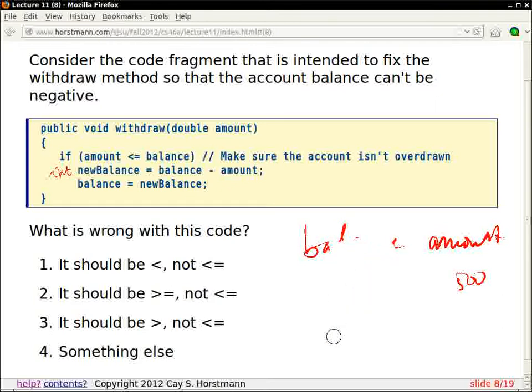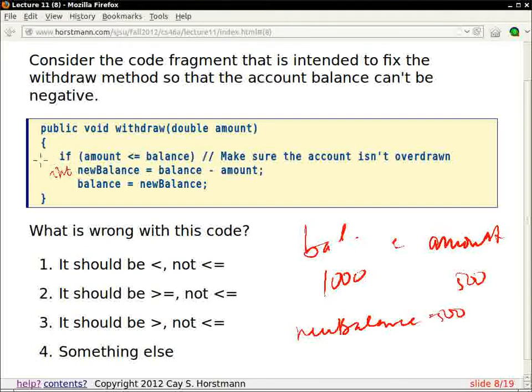Balance hasn't changed yet. So new balance is 500. And then balance is new balance. Wait. What? I don't think it would even compile, because what would now happen?